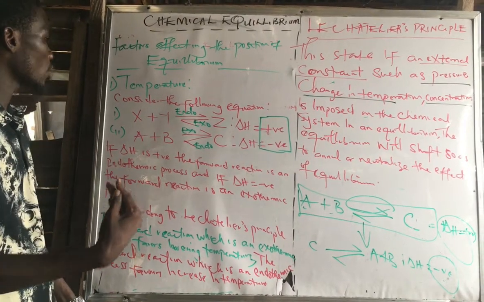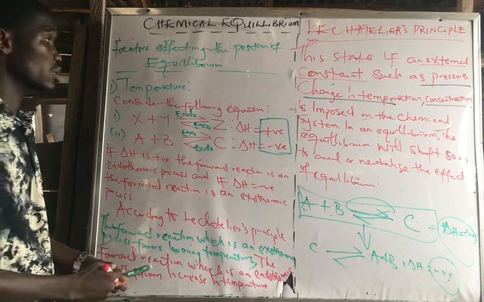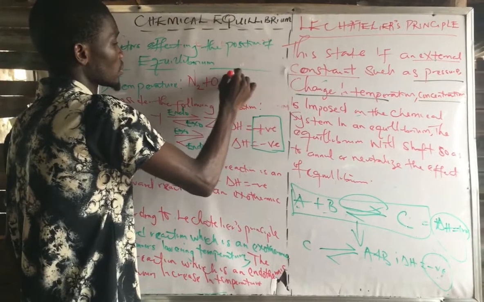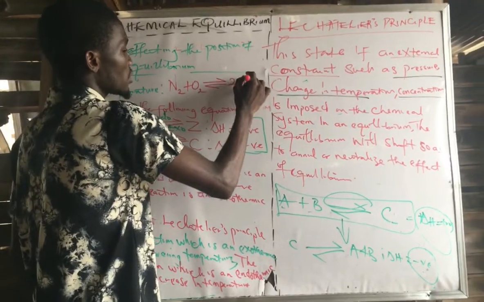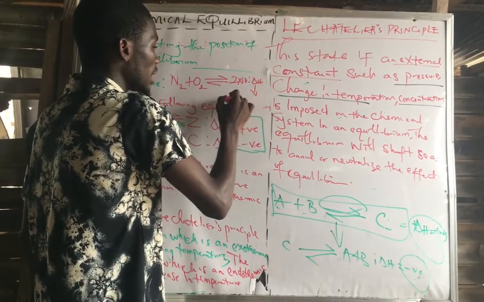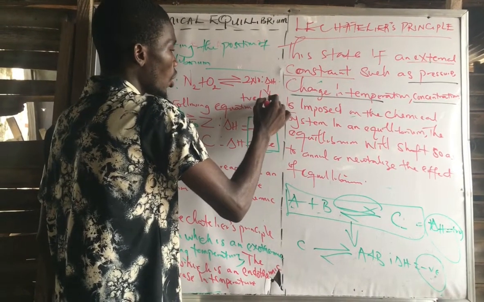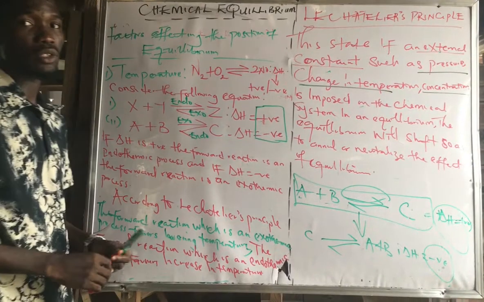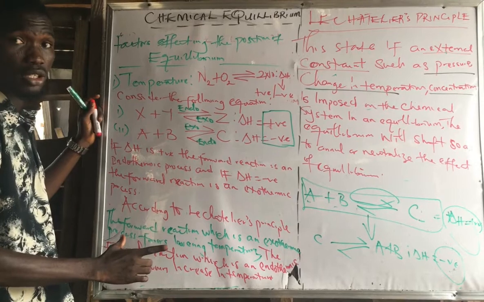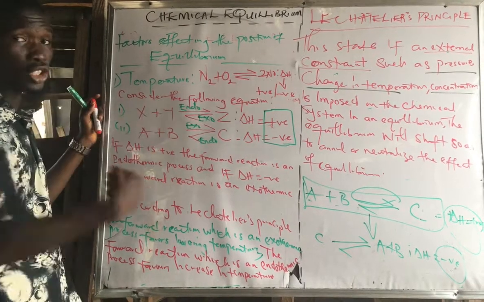So anytime you come across a question, be it this, we have this, and the sign shows if it is positive or if it is negative, you should know the effect of Le Chatelier's principle on any equation given to you.